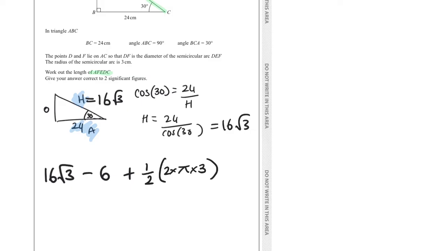Okay? So 16 root 3 minus 6 plus 3 pi. This is going to give me 31.1375 ... 2 significant figures. 31 centimetres.